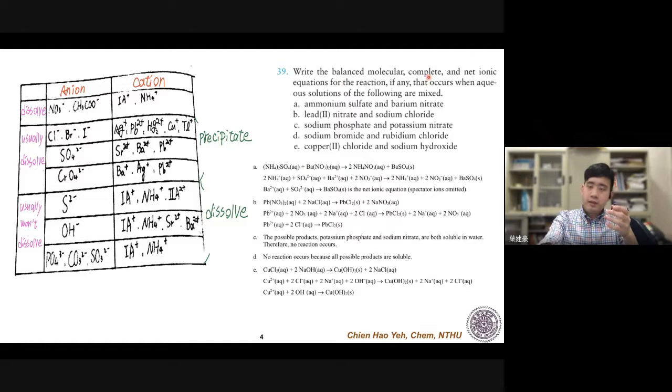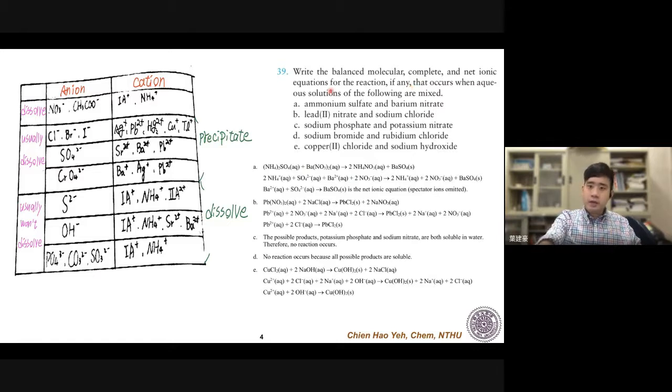And the complete equation means that if anything happens, you have to separate those that can dissolve in water and tell me what has precipitated. 所以就是在这个 complete 的部分，就是你要先把所有的东西全部分开。如果说可以分开的话，那最后再跟我说有没有东西是连在一起，然后析出。Okay, so the complete equation is just writing down all of the ions, the cations and anions, and if any precipitate happens, you have to write it down.